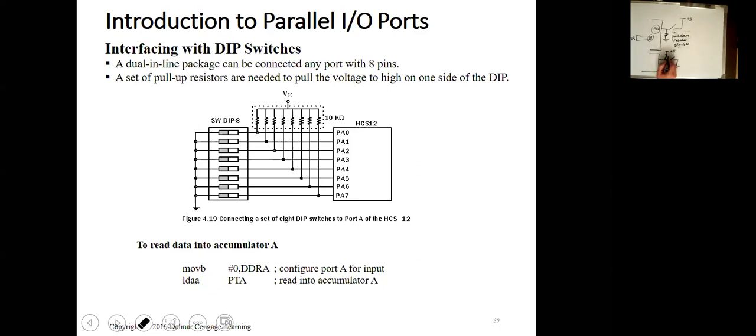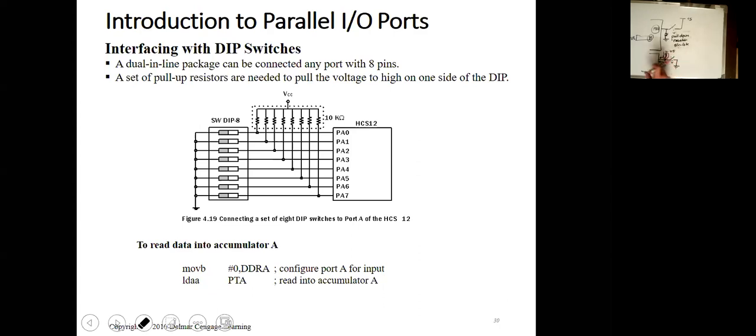Now, when the switch is open and you read the port, you will read +5 volt, a logic 1. When you close the switch, you connect this point to ground, and if you read the port, you will read a 0.